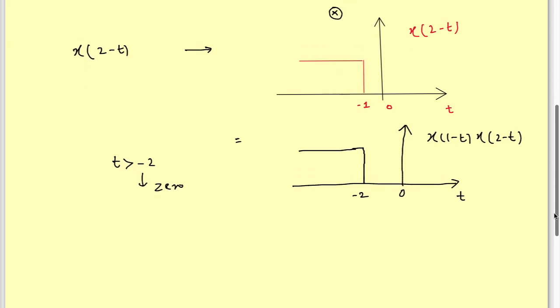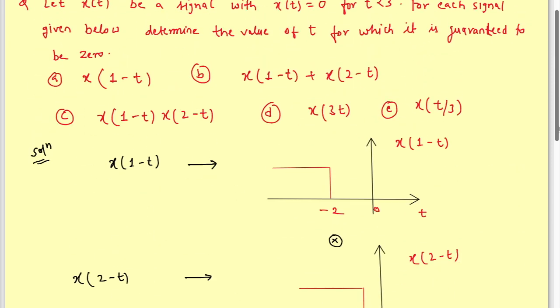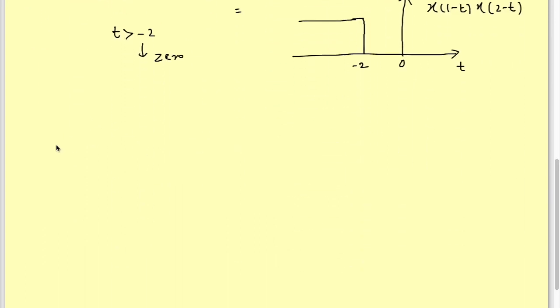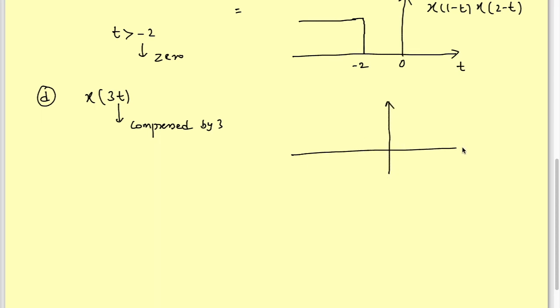Now my problem d is x of 3t. X of 3t means compress my signal by 3. So x of t is like this, it is from 3.